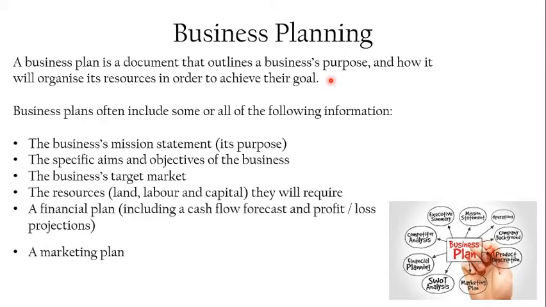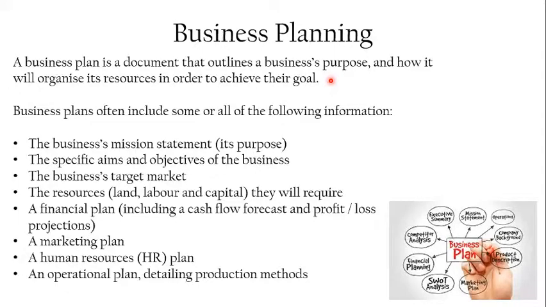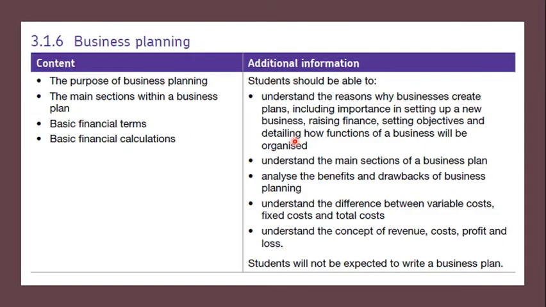This would be a really important part of a business plan. We'd expect to see a marketing plan, human resources plan, for how it's going to train its staff, etc. So a business plan would cover quite a lot of information, including how they're going to produce the goods. That's their operational plan. So you need to be aware of the main sections of a business plan.